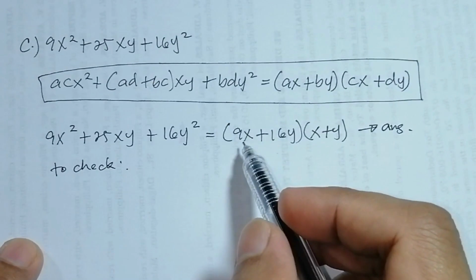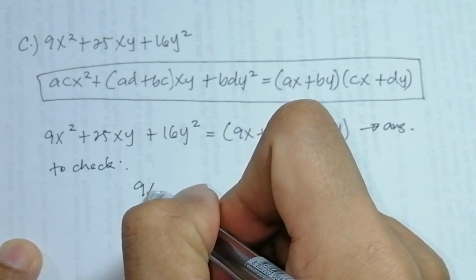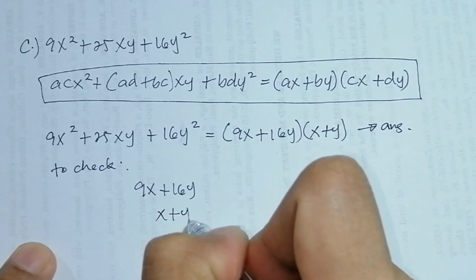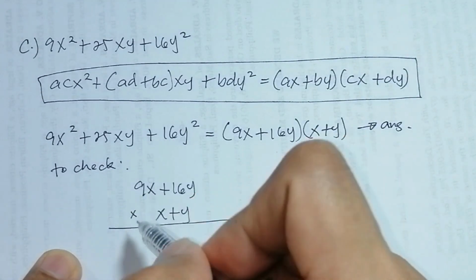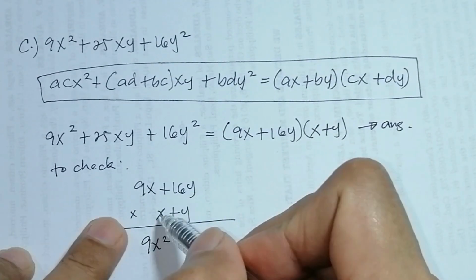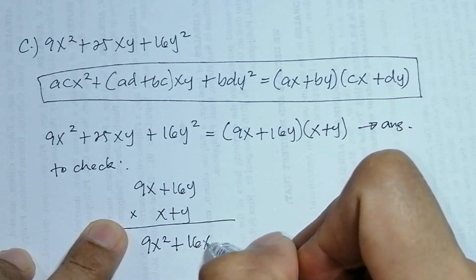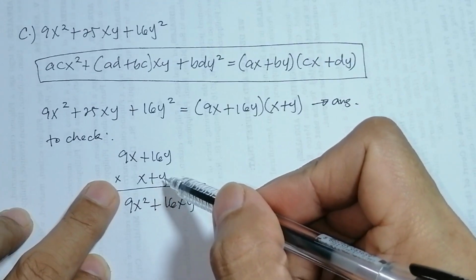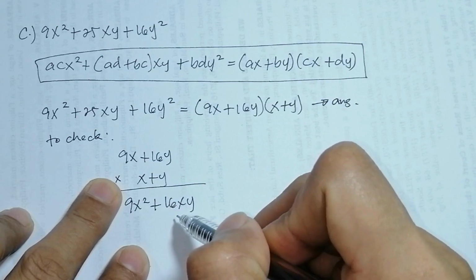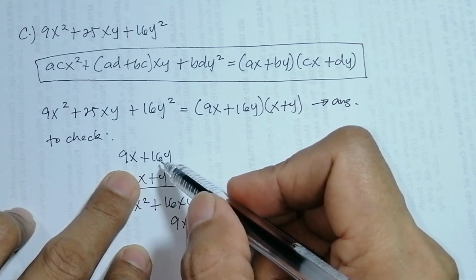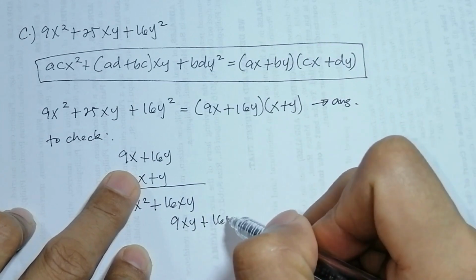Okay, to check, we multiply 9x plus 16y, x plus y. So 9x times x is 9x squared, x times 16y is plus 16xy, and then plus y times 9x is 9xy, then y times 16y, this will be 16y squared.